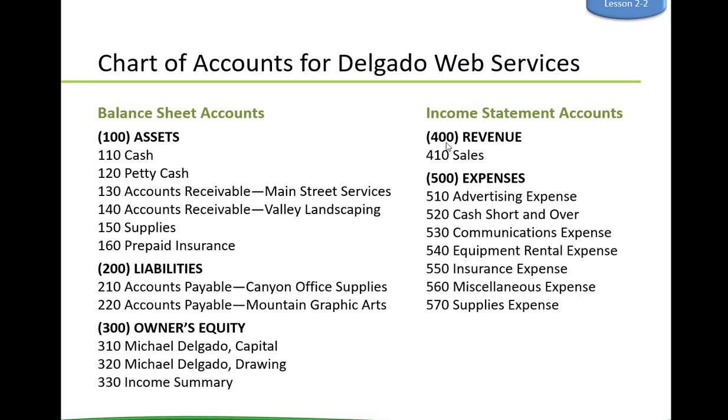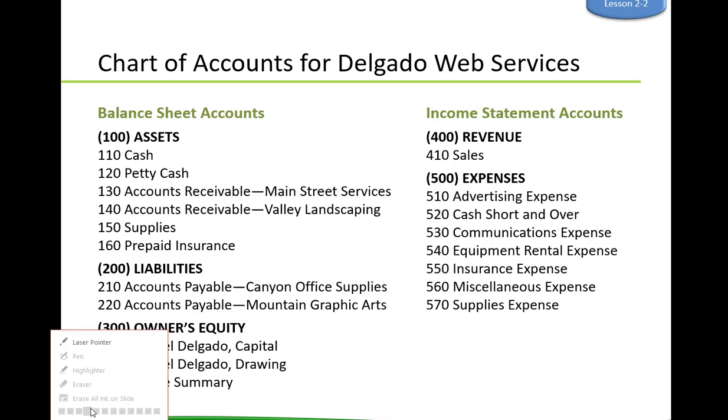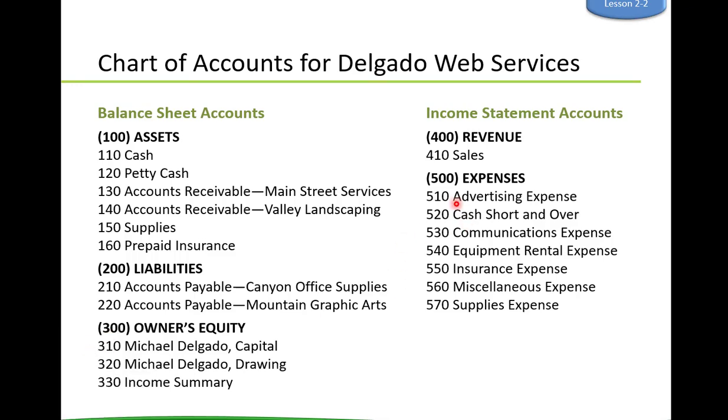Revenue is the 400s, the things that come in, and you may have your revenue split up into multiple accounts, but a lot of times there's just one revenue. Then your expenses. Your expenses are some of your biggest list of items. Usually you have more expenses and assets to list than anything else. Anything that comes in as a separate thing, like your advertising expense, your communications, your equipment rental, insurance.